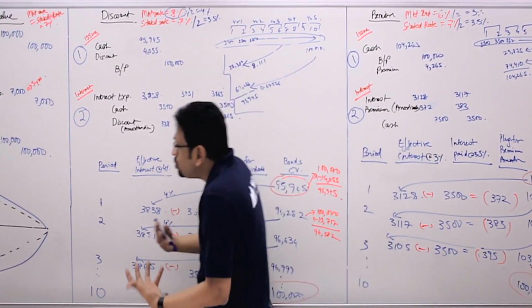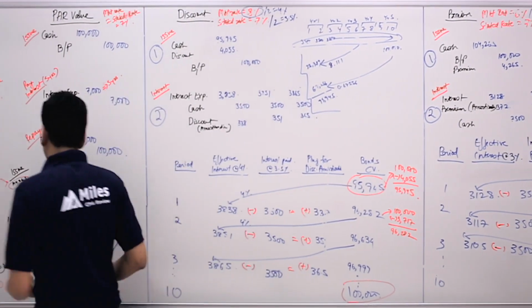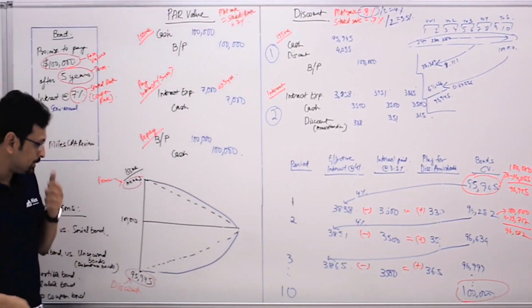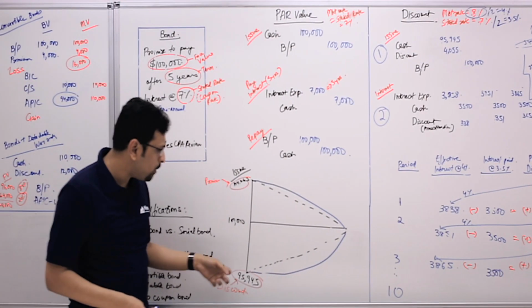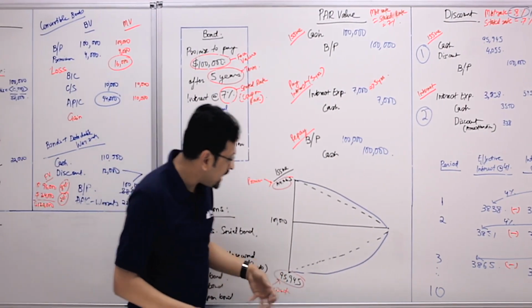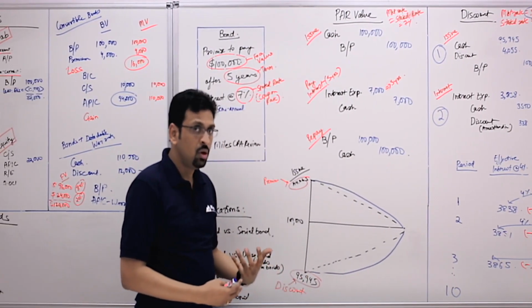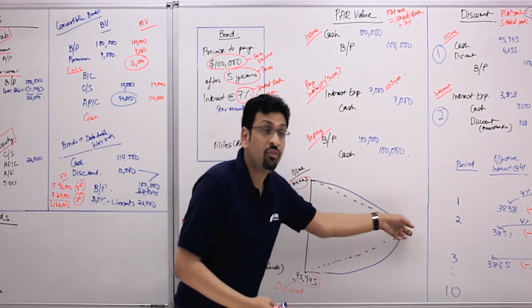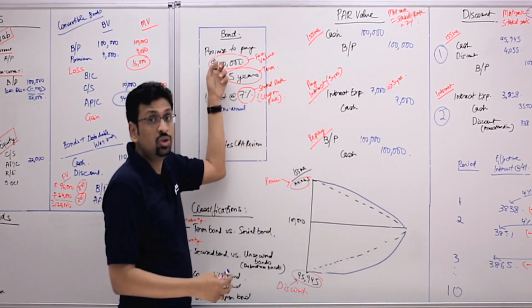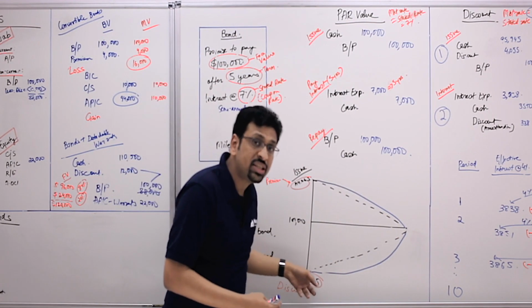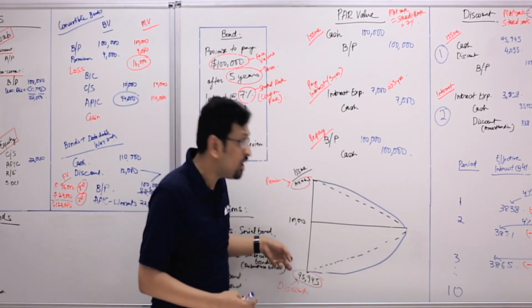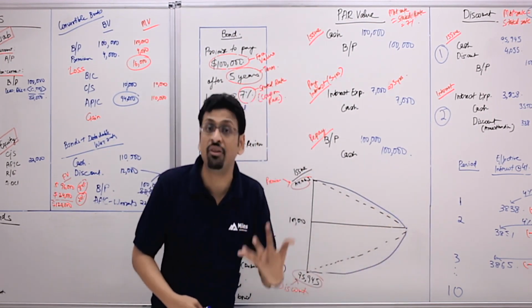Then I also compared the effective interest rate method with a straight line method. So let us say we issued our bonds at a discount at 95,945. Now at maturity, we have promised to pay $100,000. So we have to grow this carrying value of 95,945 to $100,000 in 5 years.